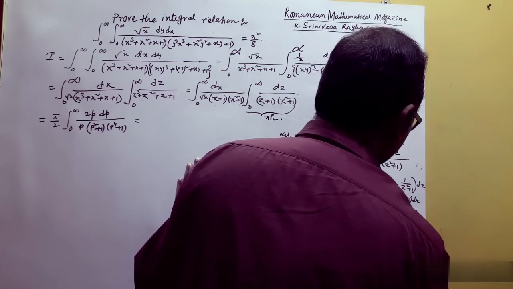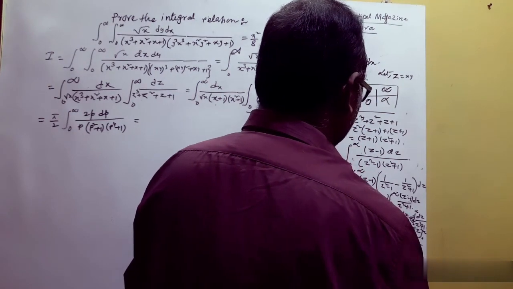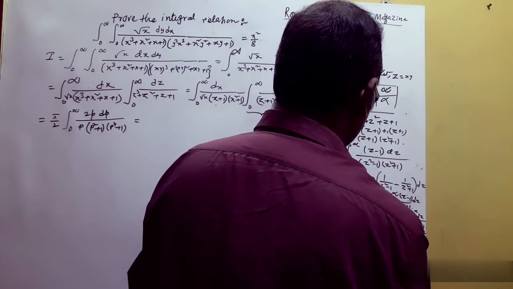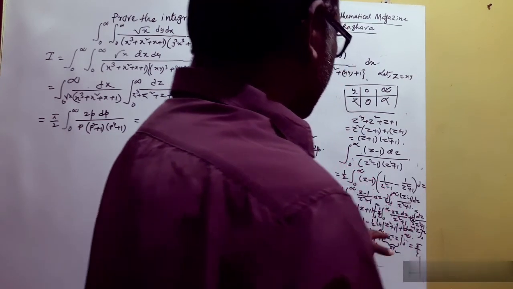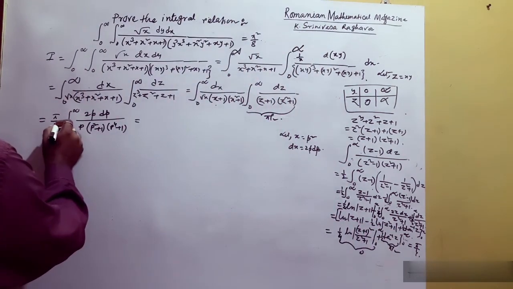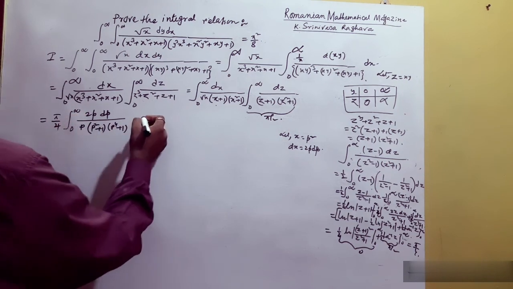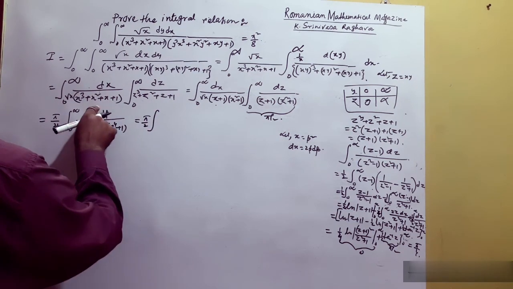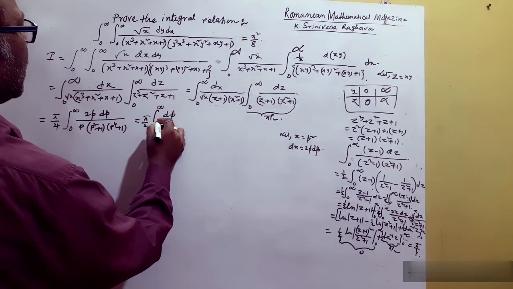So this is equal to pi by 4. Okay, this is pi by 4. The 2 is cancelled here. So this is pi by 2. The p is cancelled. So dp, and 0 to infinity.